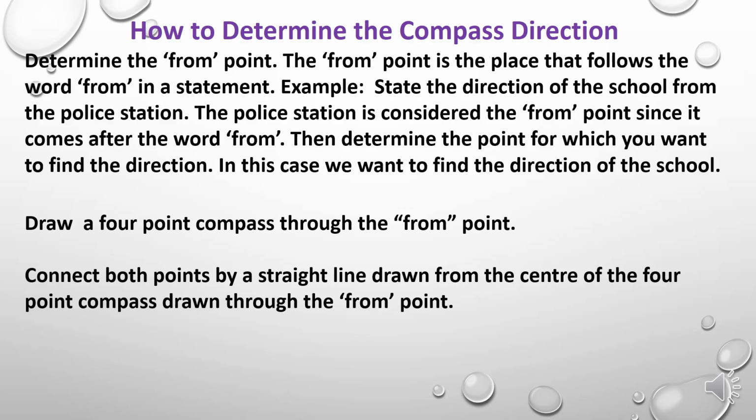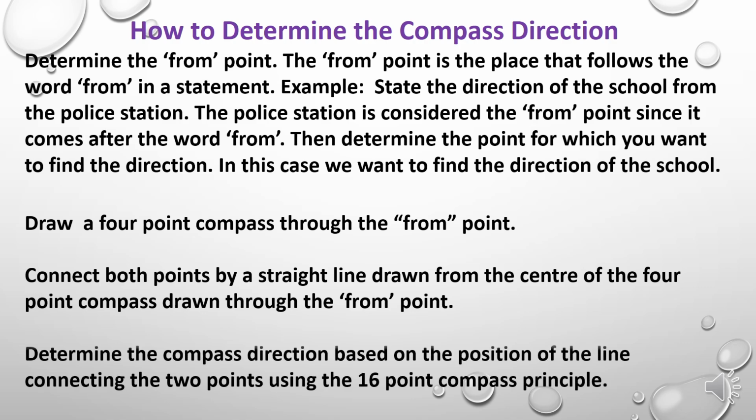We continue the use of the pencil and the ruler to connect both points by a straight line drawn from the center of our 4-point compass, which was drawn through the from point. Then finally, we will determine the compass direction based on the position of the line connecting the 2 points using the 16-point compass principle.